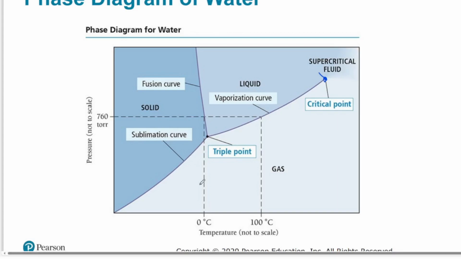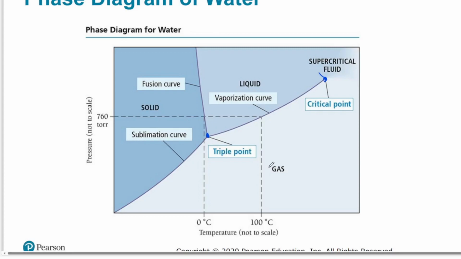Sublimation is the transition from a solid to a gas without going through the liquid state. We see here the triple point for the substance, and the triple point is where the substance exists in the solid, liquid, and gas states all at the same time.